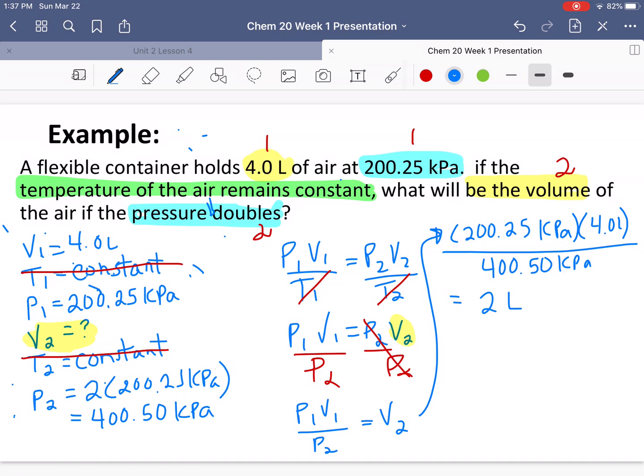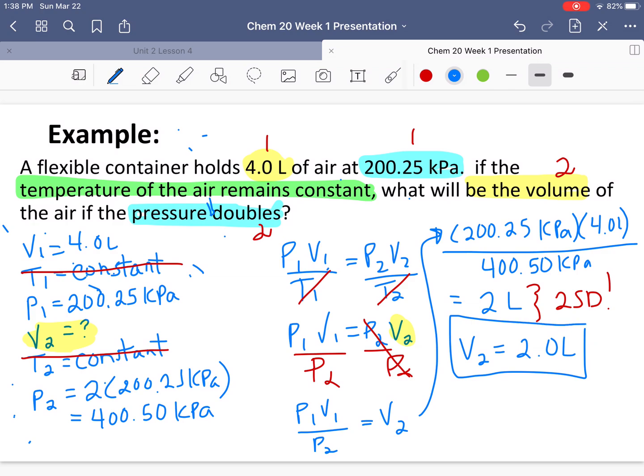That, folks, isn't enough sig digs. If you go back to the original question, it shows that we must have 2 significant digits. So 2 liters is wrong. Okay, you would have to take that and recognize that V2 is actually equal to 2.0 liters. Watch your significant digits.